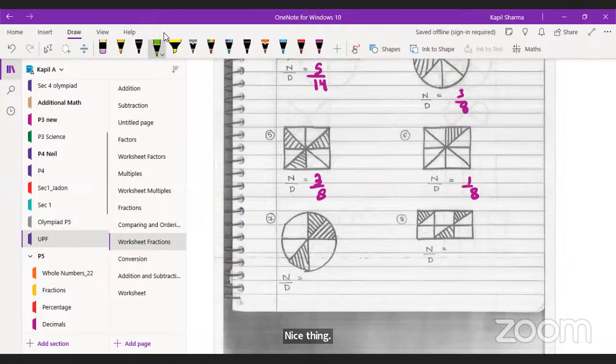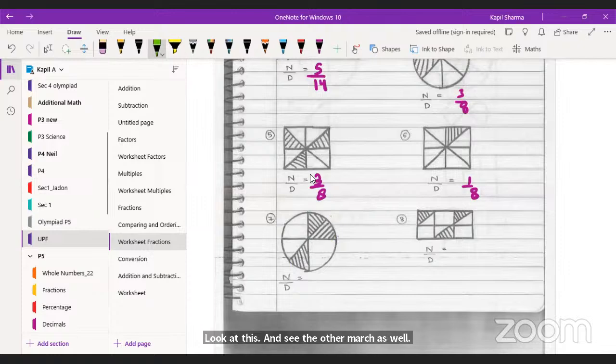What's your answer? Okay, eighth one is easy, but again you have to be a bit careful. First, let's finish seventh one. So see, these parts are not equal. Look at this and see the other parts as well.